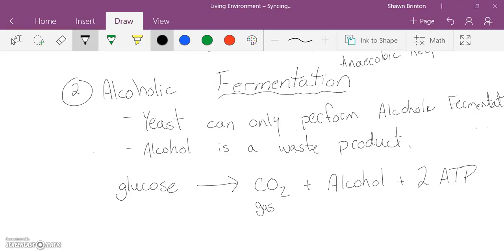So there's anaerobic respiration, two forms, alcoholic and lactic acid fermentation. You have to know aerobic versus anaerobic, the processes of these two, and your formulas and the waste products of each one.